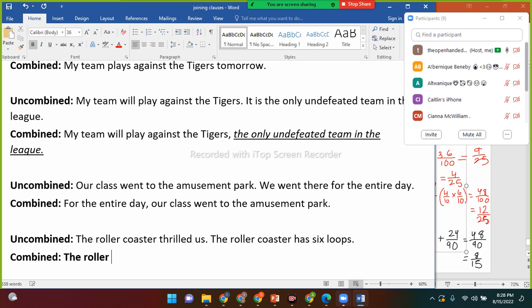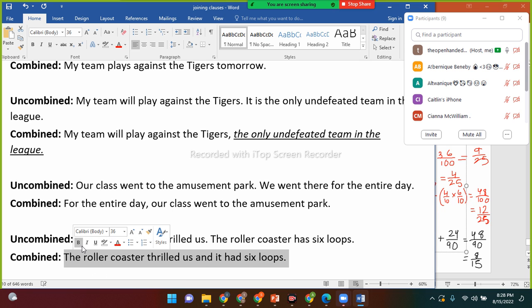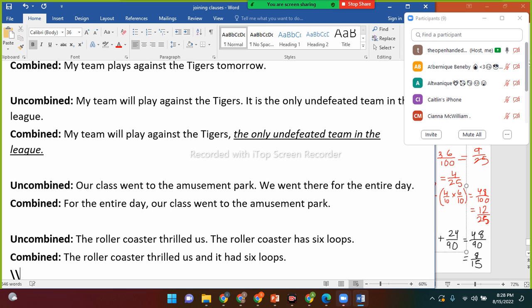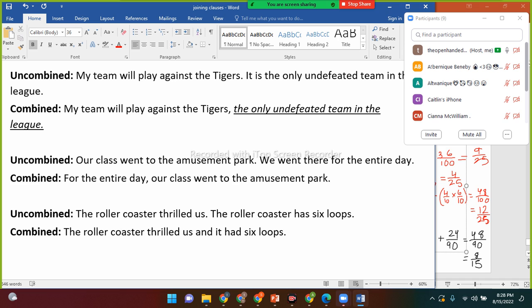The roller coaster. It just seemed like a weird addition, right? Like the roller coaster thrilled us, and it had 6 loops. It seemed like an irrelevant detail, but I guess that's what it is. So we could say it like that, or let me give you another variation, just to give you some more.